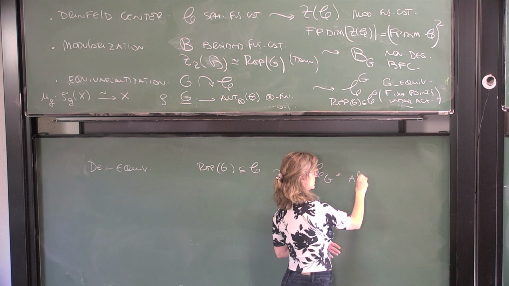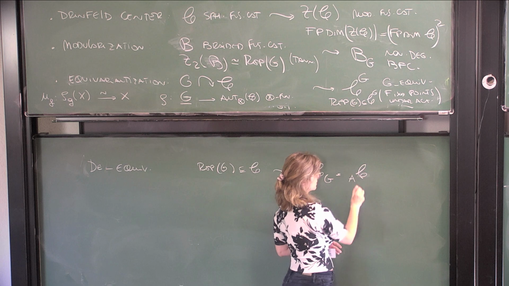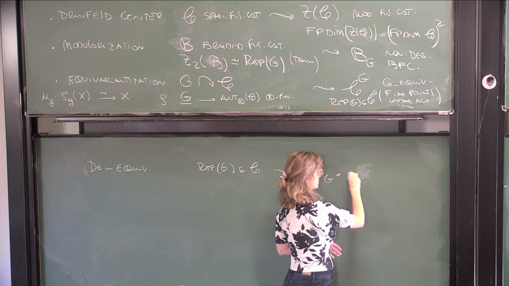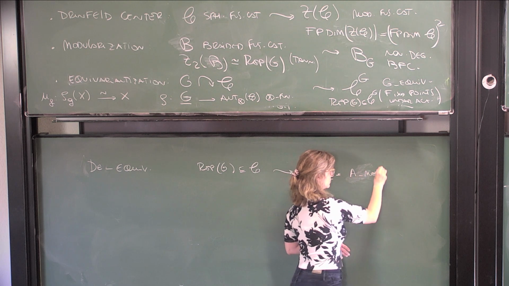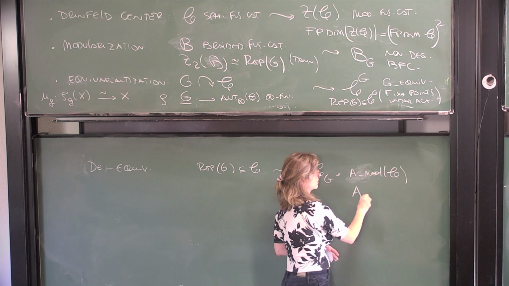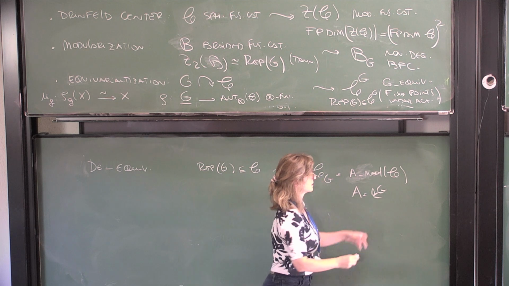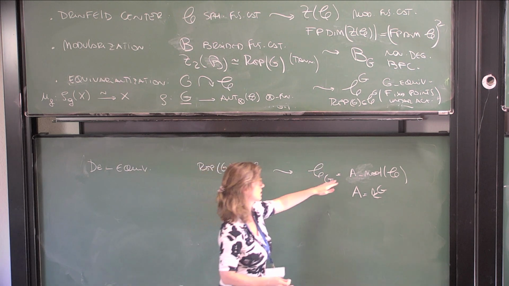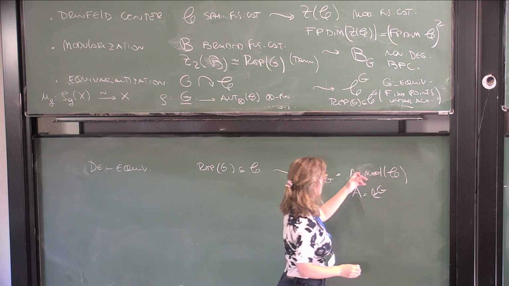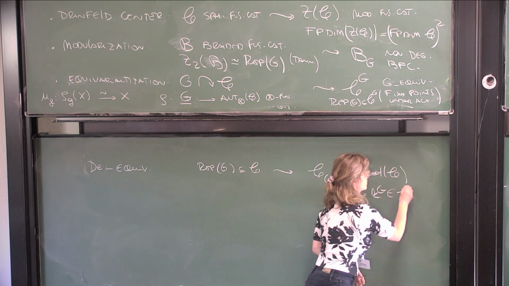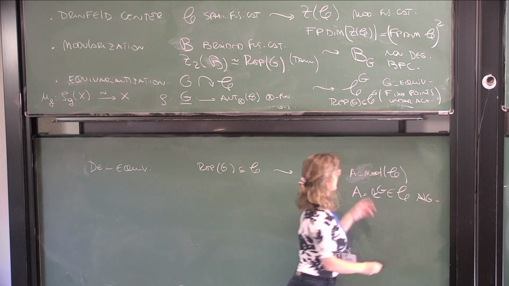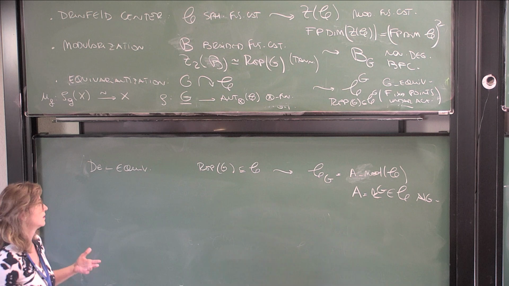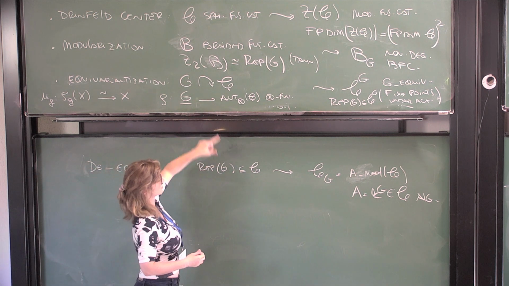I don't know how to write this in a nice way. Maybe C_A. Okay, maybe it's not transparent anyway. So this K^G for me is just the algebra of functions on G. And again, what I'm taking are modules in C. So this is an algebra in C, and I take the modules in C of that algebra. And I get the inverse construction.